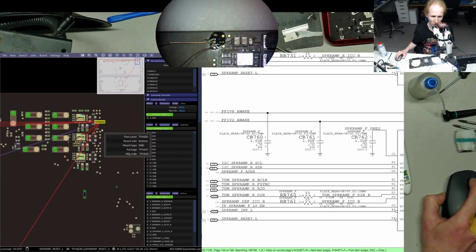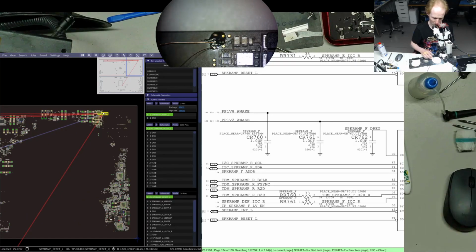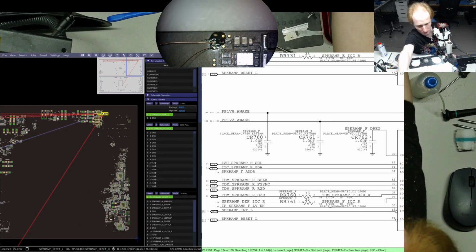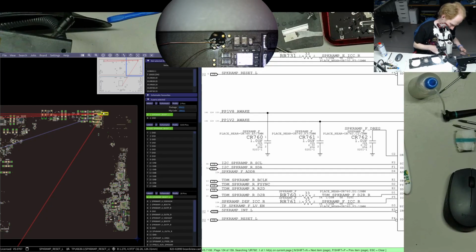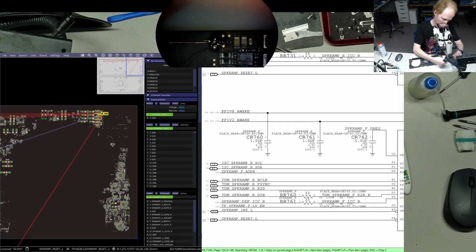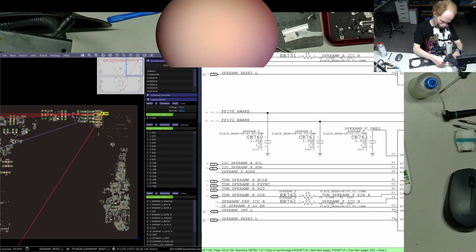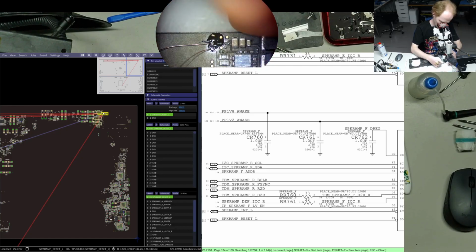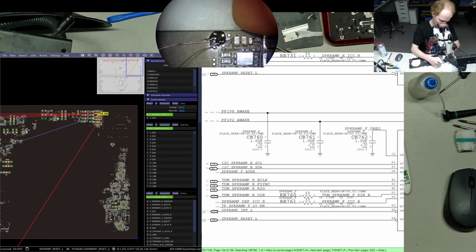It's all on the right side. Whatever, just ignore it, because it's a global reset, so they didn't want a double test point for that, because obviously it's going to reset all speakers at once, not just one.